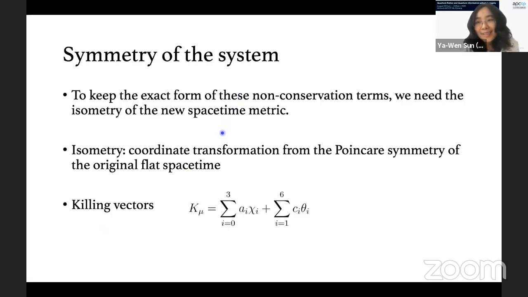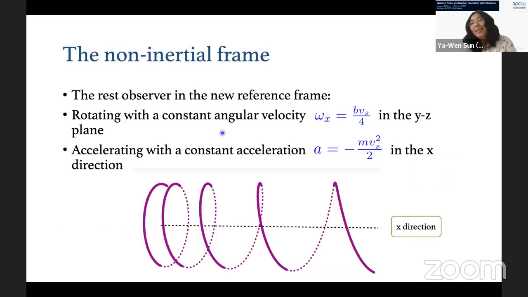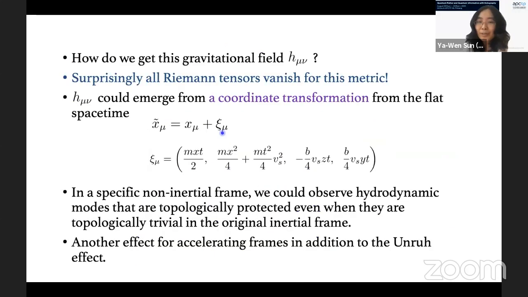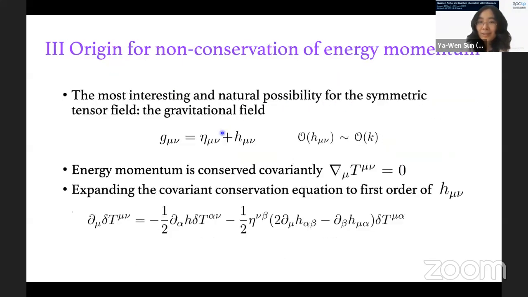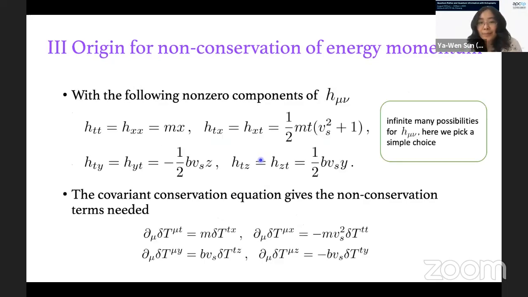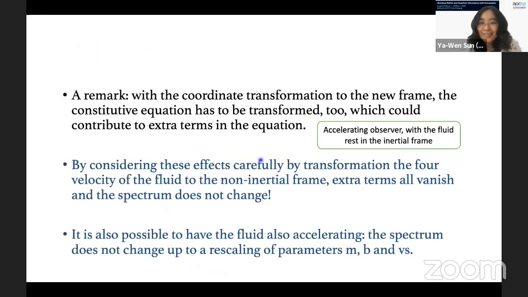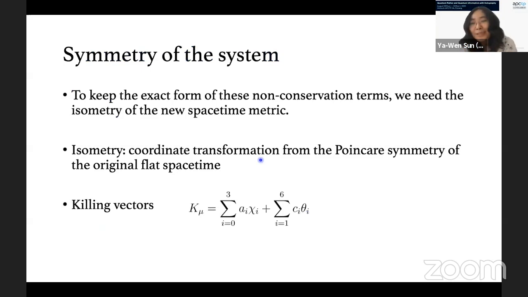The easiest way to work out the symmetry of this new system is to get the isometry of the new metric J_{μν}. The isometry of this J_{μν} is just the symmetry of this modified hydrodynamic system. There are two ways to solve for this isometry.